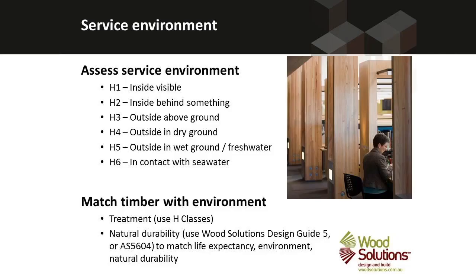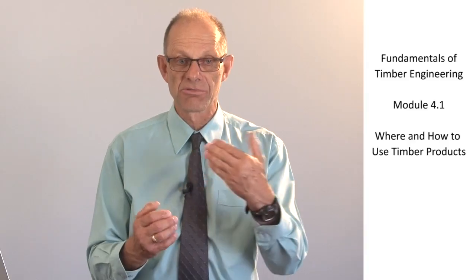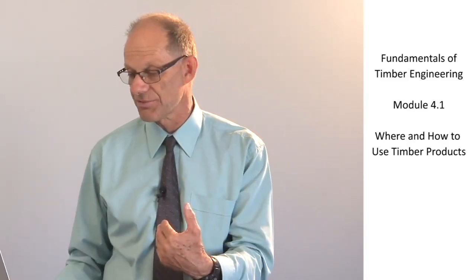If it's in ground contact, then the microbes, the fungi that live in the ground, have regular access to the timber, and that is an H4 environment. If we have it buried outside in wet ground, along with the fungi, we have moisture that is going to contribute to the degradation of timber. That is an H5 environment, and a marine environment is an H6 environment.